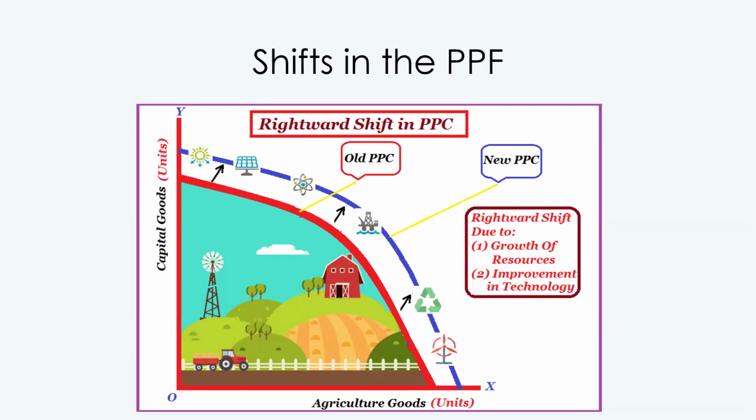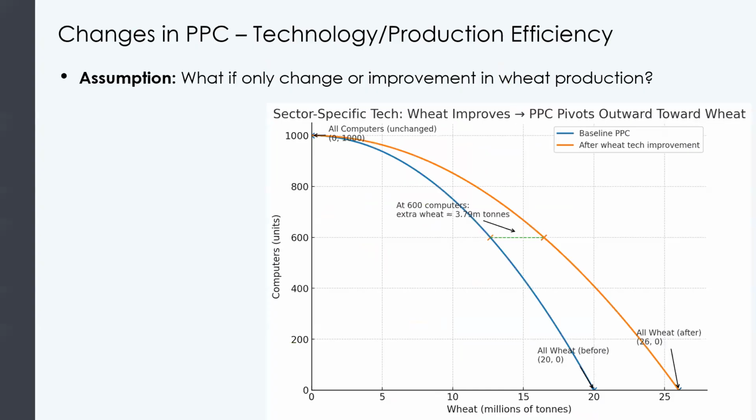Now, it can also happen in an economy that we have an improvement in technology that can also change our production levels. When there is an improvement in technology within an economy, it does not change both sides of the graph, but it only changes one side of the graph, right?